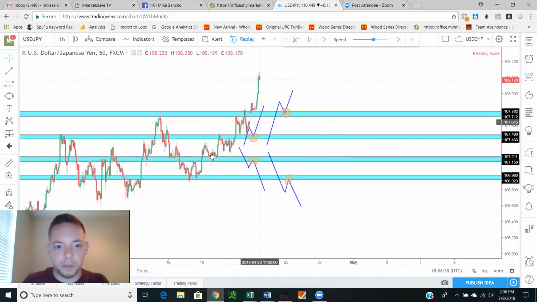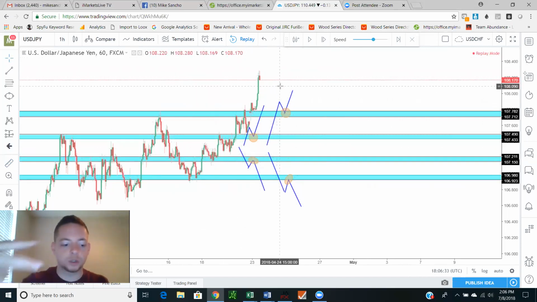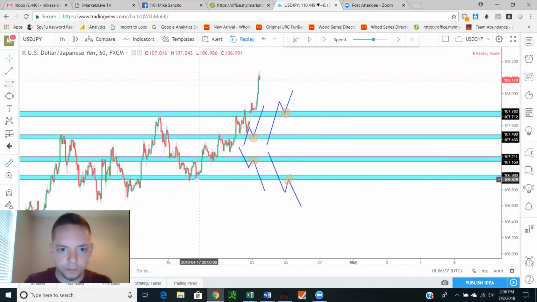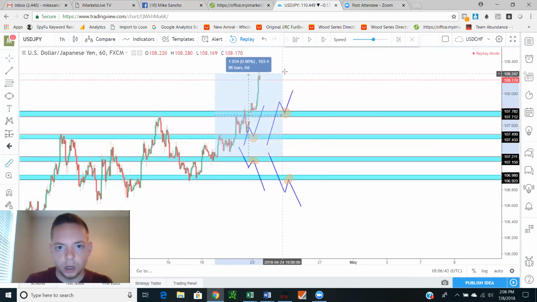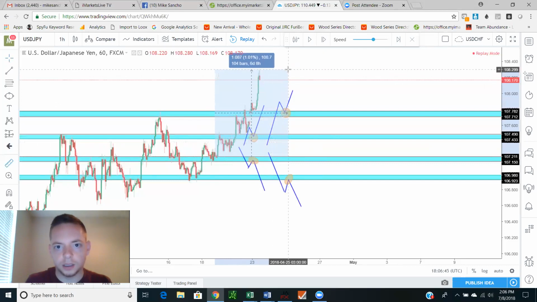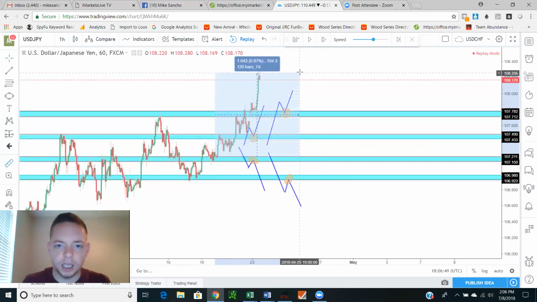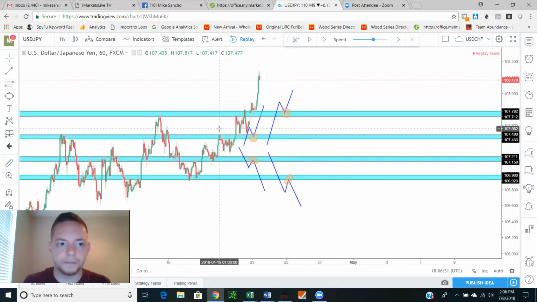If I was still holding my first buy, I would now have 2 buys stacked on it. My first buy was right here, so I would be up 105 pips or so on that, and 40 pips or so on the other, for a total of about 140 pips.